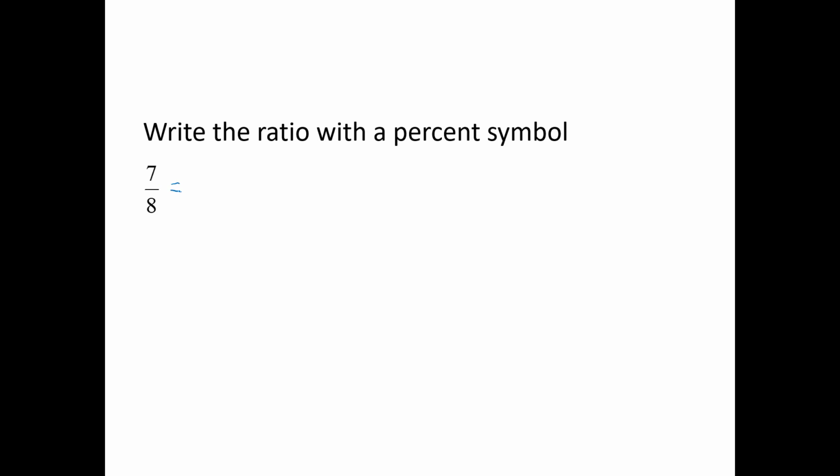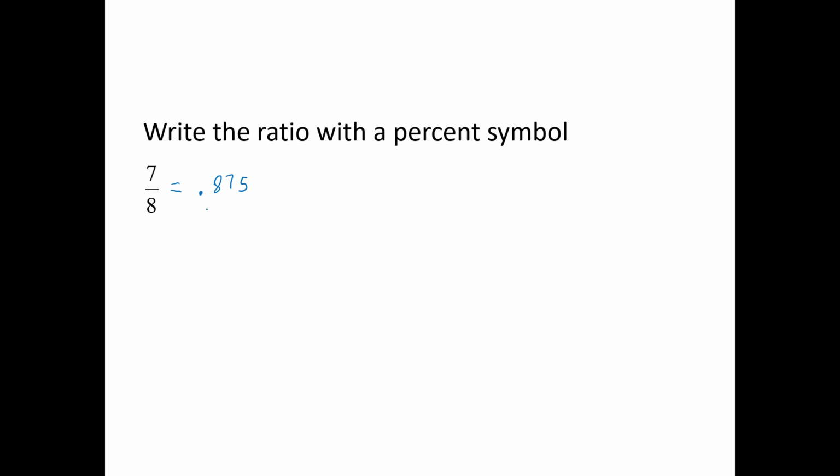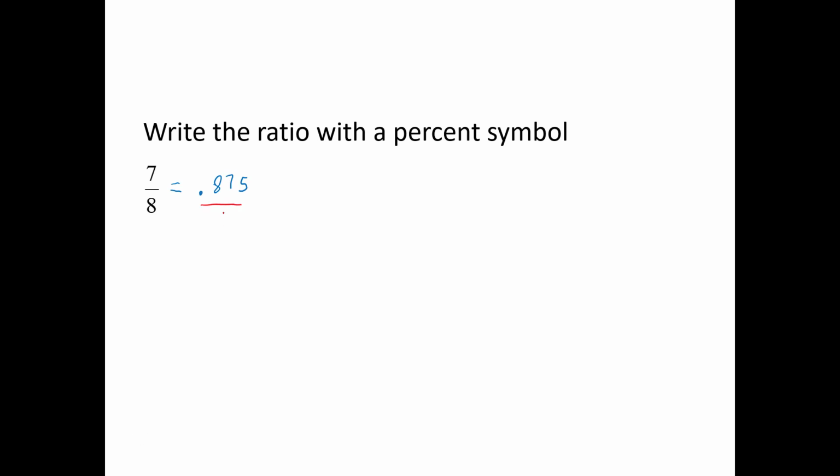And so what we can do with the calculator is very easily write this as a decimal, 0.875. And anytime you have a number, you could always write it as a fraction by writing it over 1, right? And so this 0.875 can be seen as 0.875 over 1.